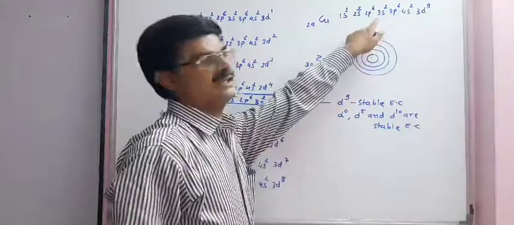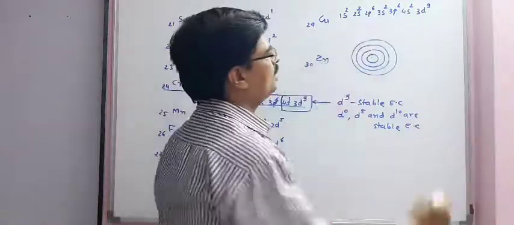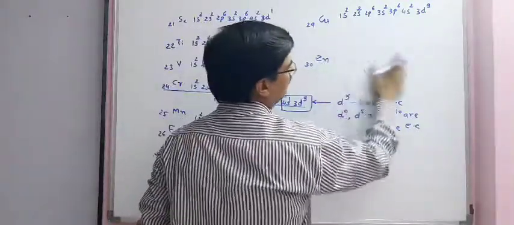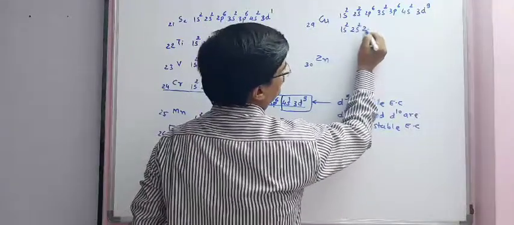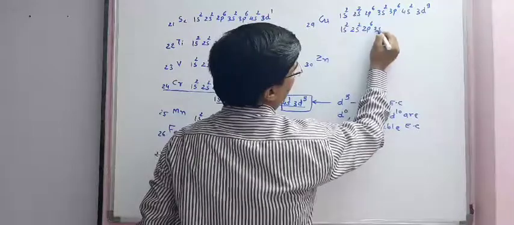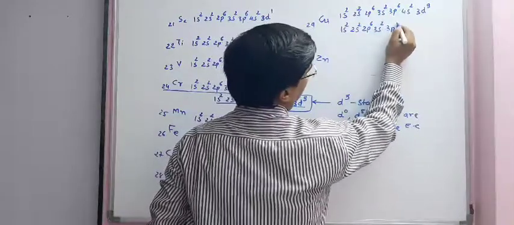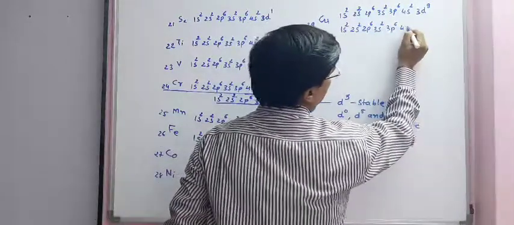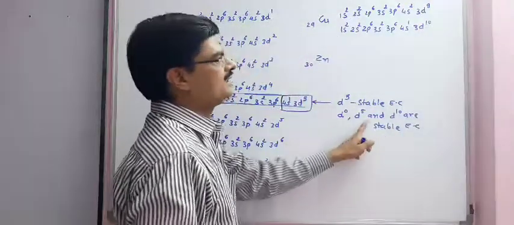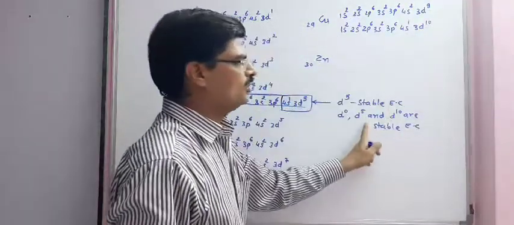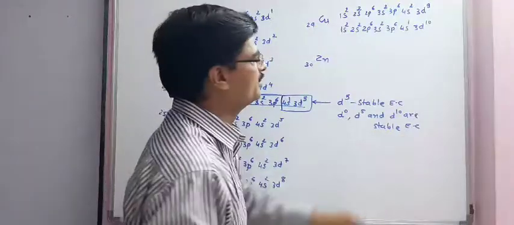This is expected, but actual configuration is 1s2, 2s2, 2p6, 3s2, 3p6, 4s1 and 3d10. As I mentioned, that d10 electronic configuration is also stable.